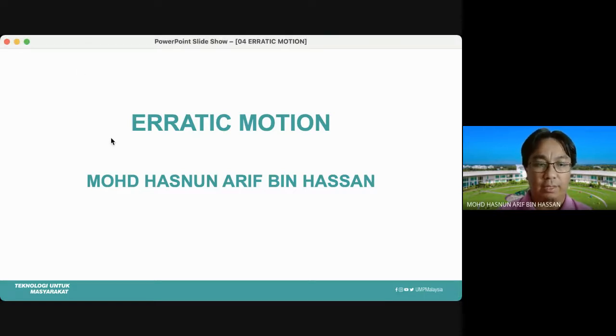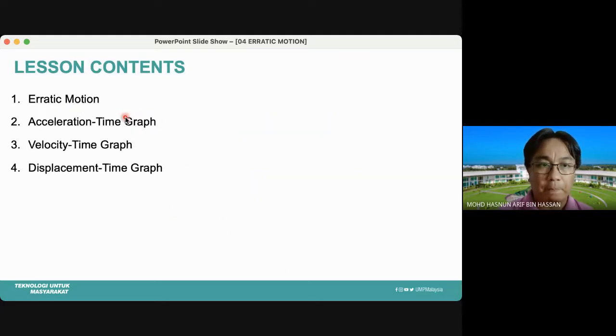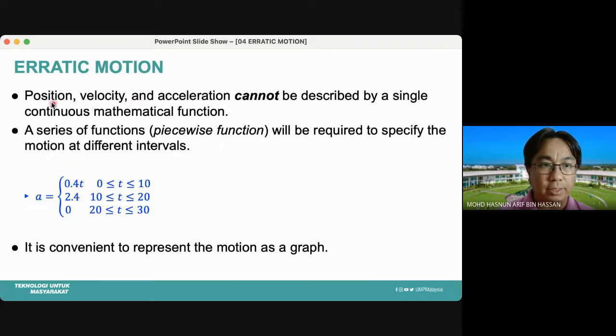Okay, so macam saya dah explain sebelum ini, continuous motion itu ialah throughout the motion, moving from point A to point B, for example, from beginning until the end, the character of the motion of the object is the same. But then in erratic motion, the position, velocity, and acceleration cannot be described by a single continuous mathematical function.